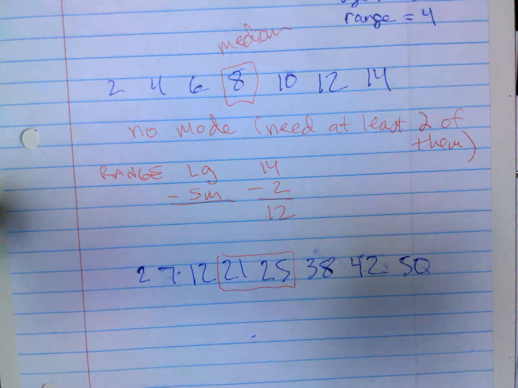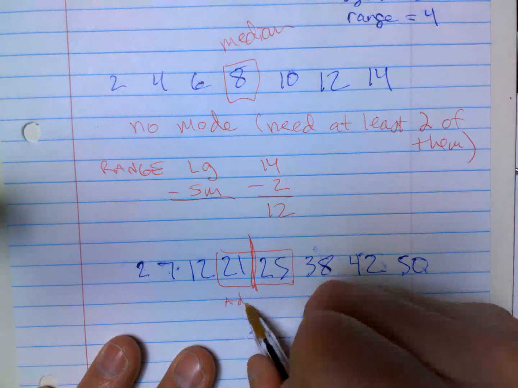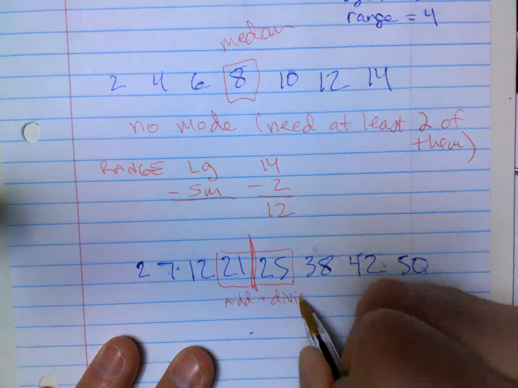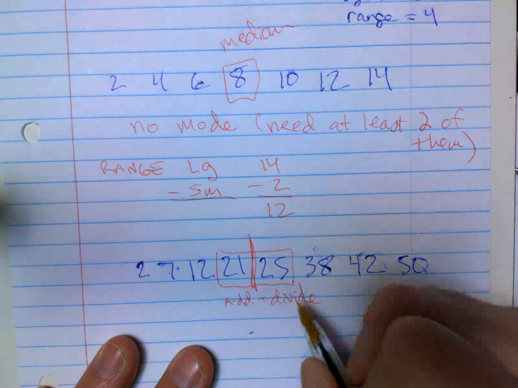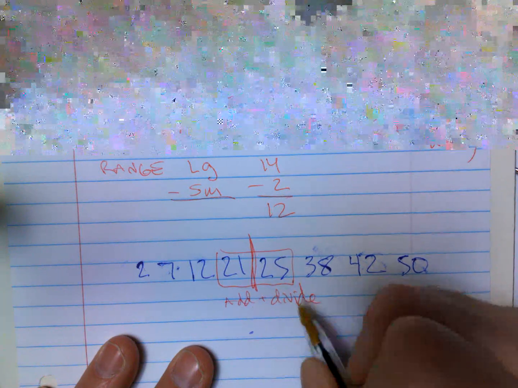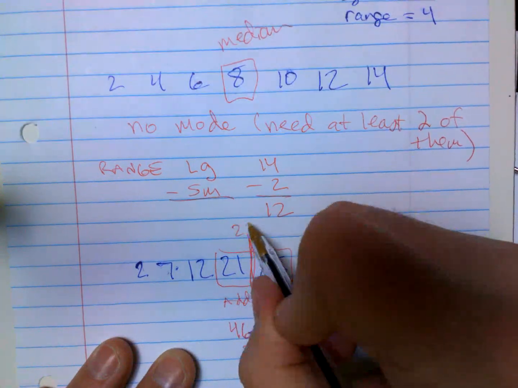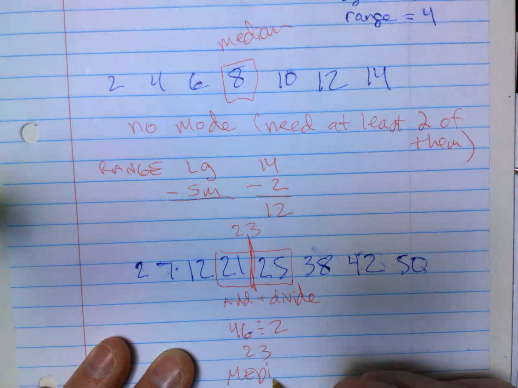Now, I can't see that there's a perfect middle. Let's see, 21 from 25. Well, there's 4, but if you don't know that, you add and divide. We need to find the average of those two. Divide it by 2, okay? So it's going to be 23. So 23 is the median or the middle.